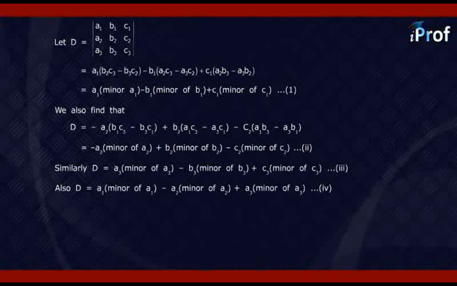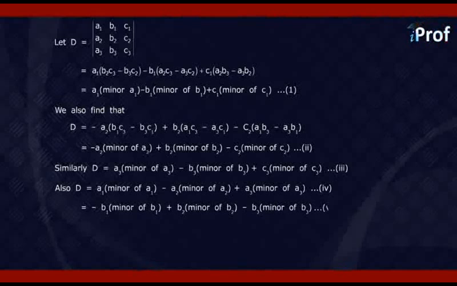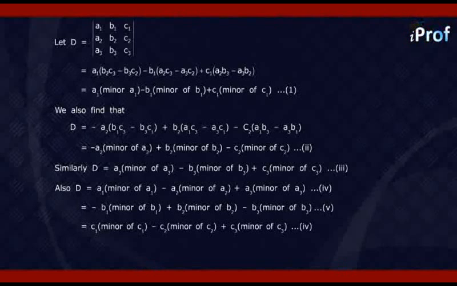This is the fourth, with the help of the first column. Also, D is equal to minus B1 times minor of B1 plus B2 times minor of B2 minus B3 times minor of B3, and also equal to C1 times minor of C1 minus C2 times minor of C2 plus C3 times minor of C3.